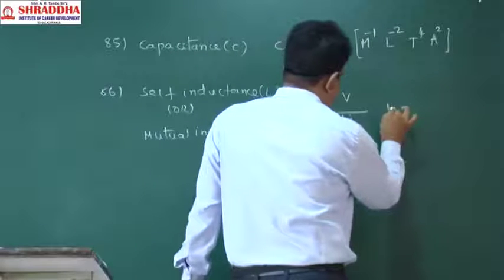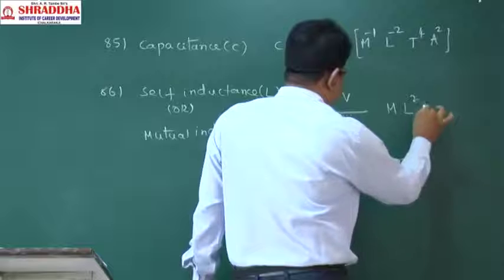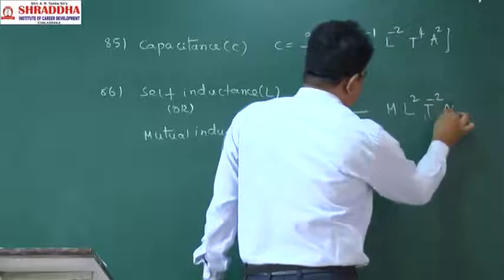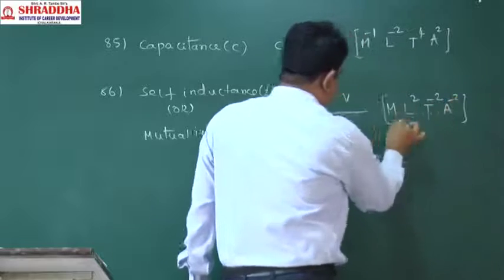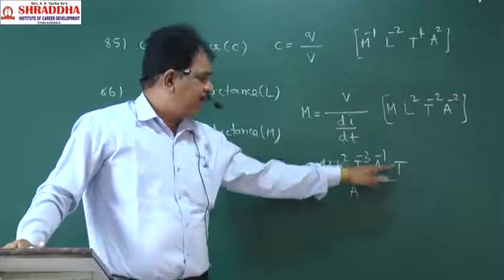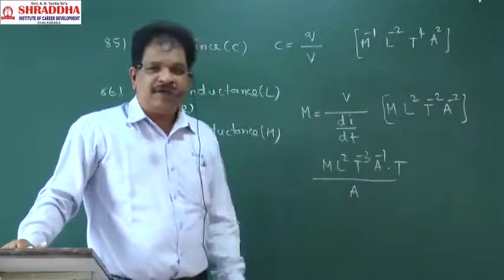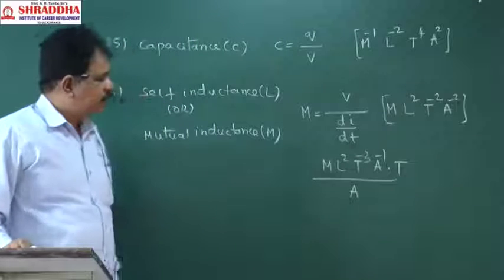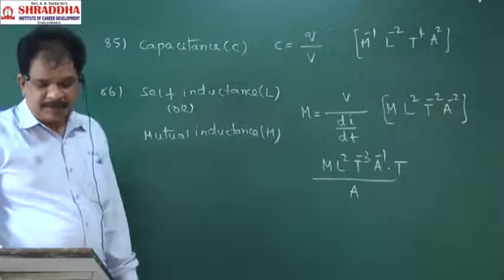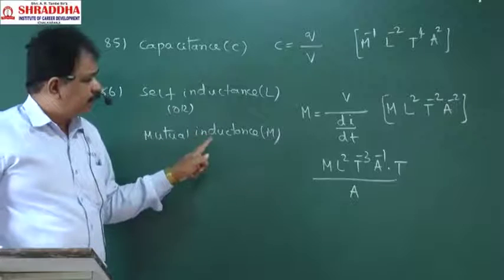M L square T power minus 2 A power minus 2.